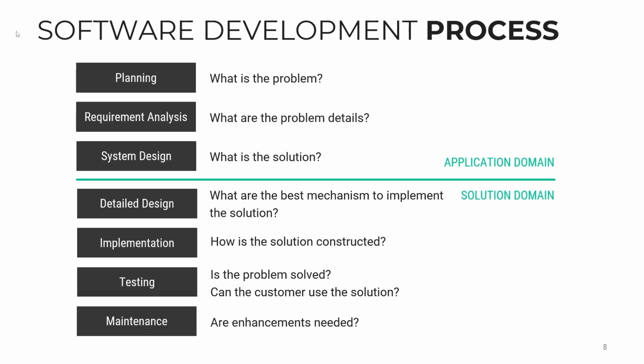After you figure this out, and you know that it's feasible, it's good for business, it can make money, you move on to the next step, requirement analysis or requirement elicitation. In this elicitation process, you explore deeper.